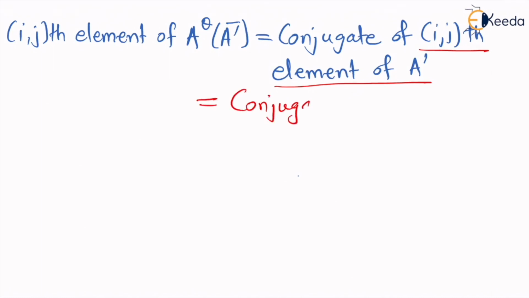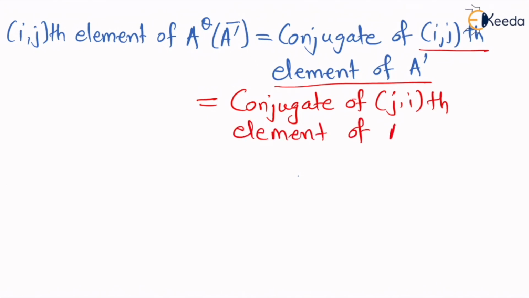So it is equal to the conjugate of the jith element of A. You can observe here that the ijth element of A dash is the jith element of A, and that is why the conjugate of the ijth element of A dash will be the conjugate of the jith element of A, represented like this.